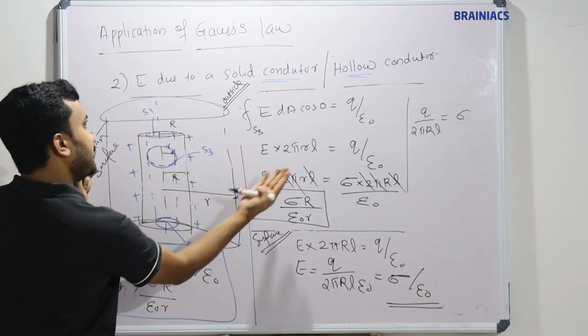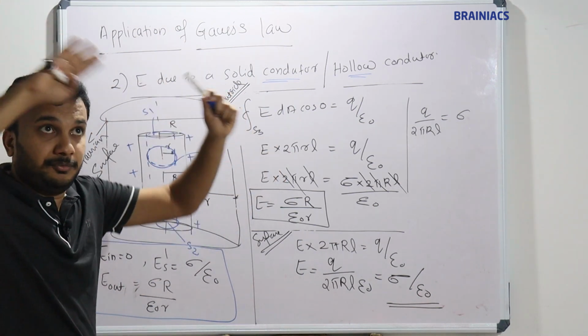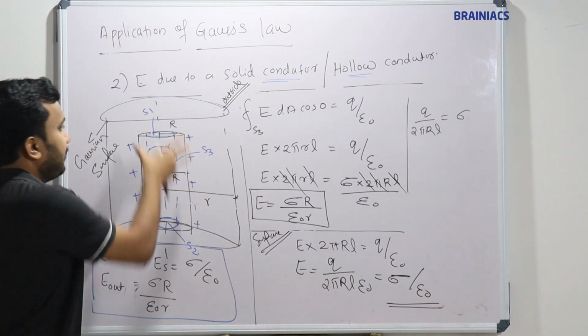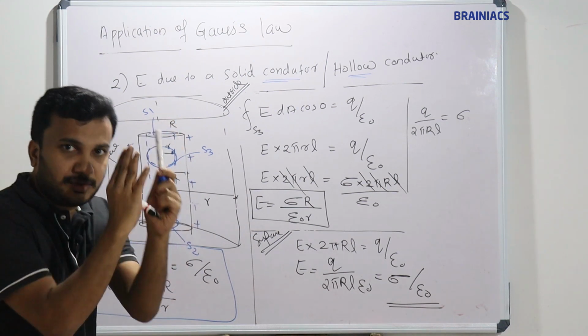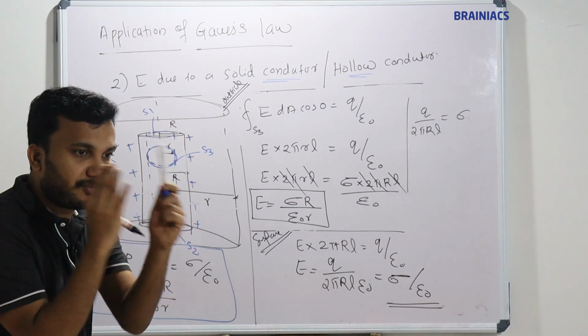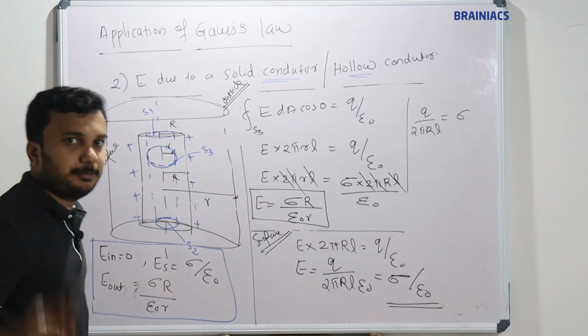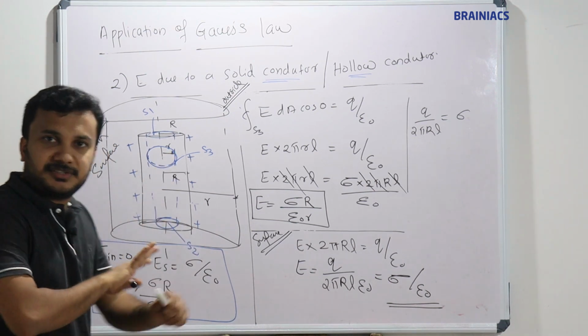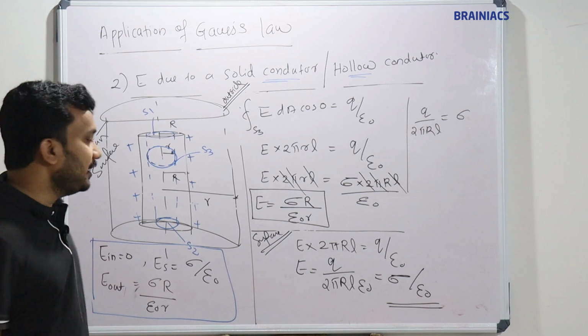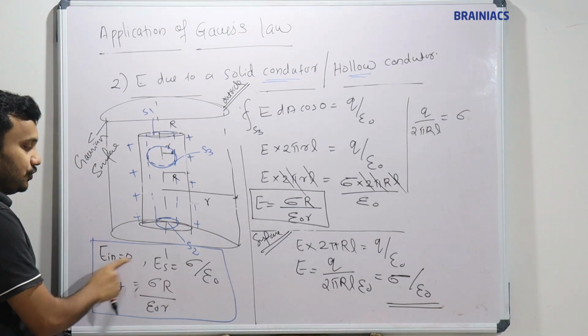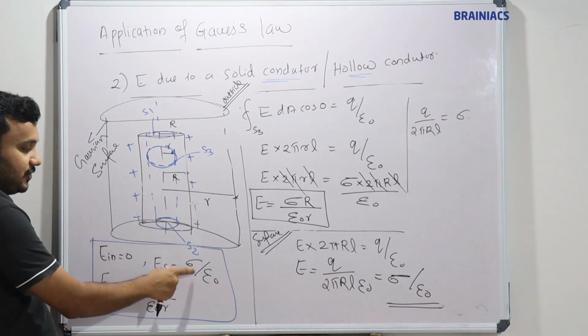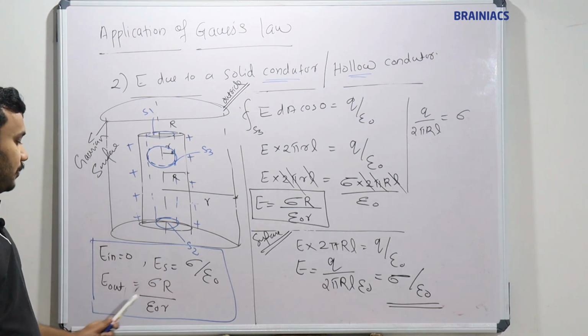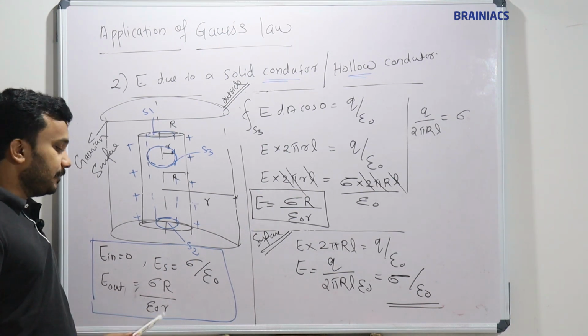Outside, within that bigger Gaussian surface we have a small cylinder inside. So first we look whether any charges are present within our Gaussian surface. If yes, we can proceed. If no charges are present, we can say at the first stage itself that the electric field intensity is 0 inside, sigma by epsilon 0 at the surface, and sigma R divided by epsilon 0 r outside.